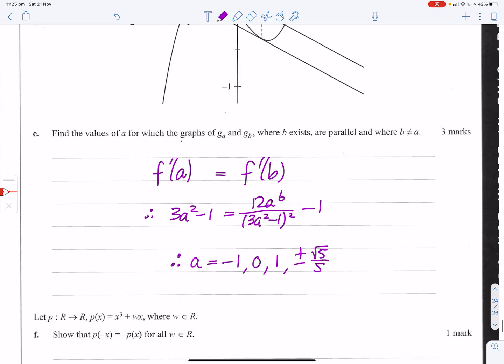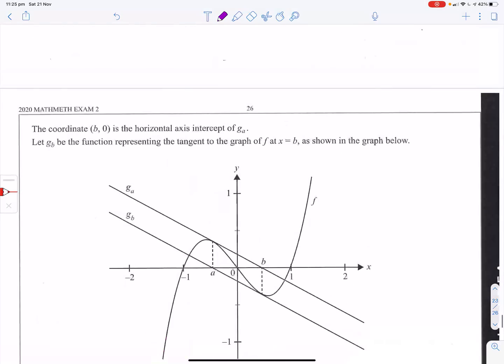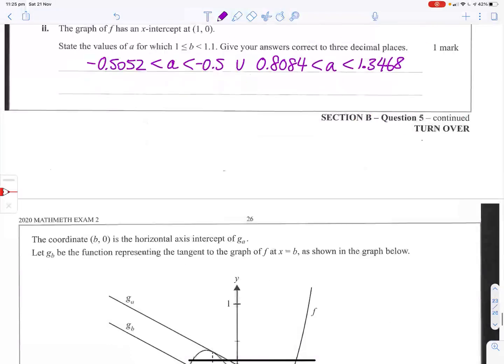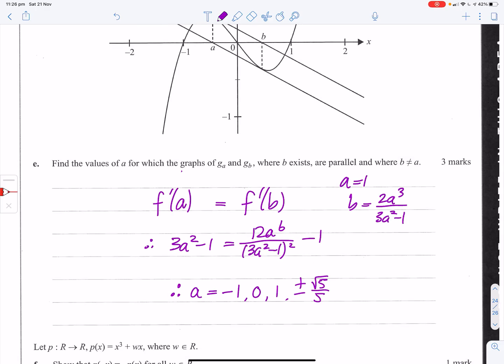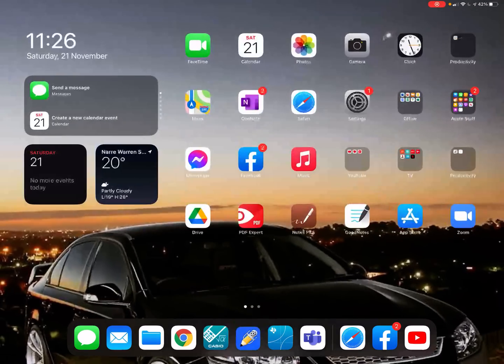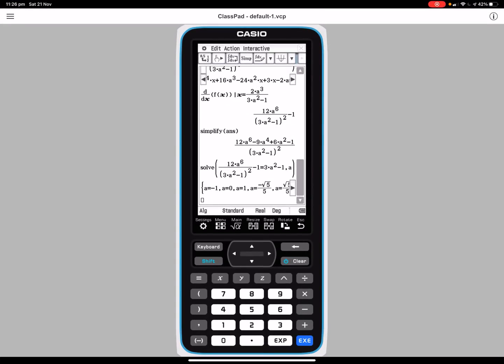I reckon they're going to have to exclude some answers. If we know A is 1 and B is, what the hell is B again? 2a cubed on 3a squared minus 1. We've got to see if A and B are the same point. So we know B is that.